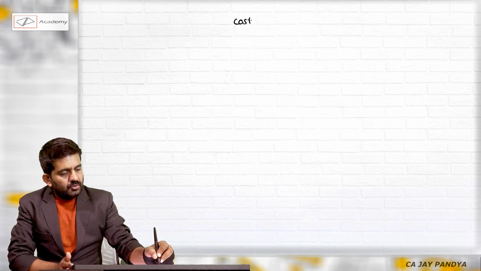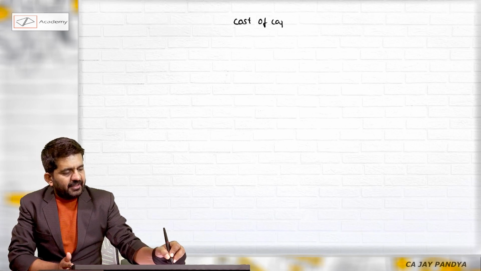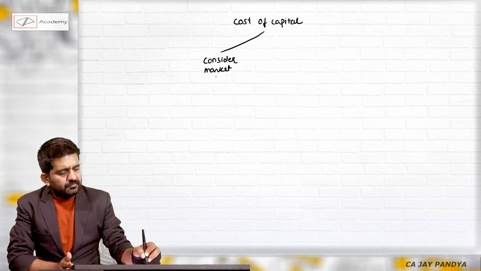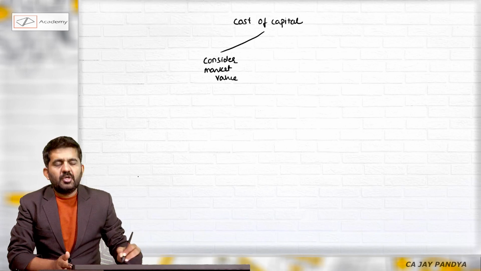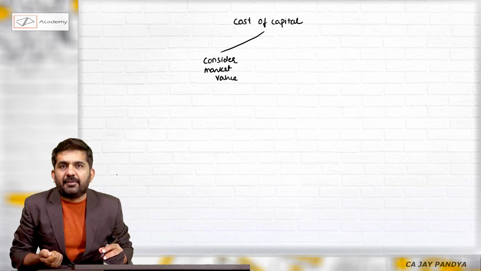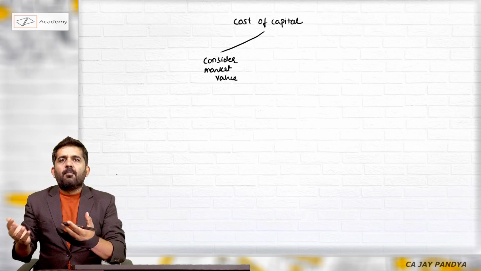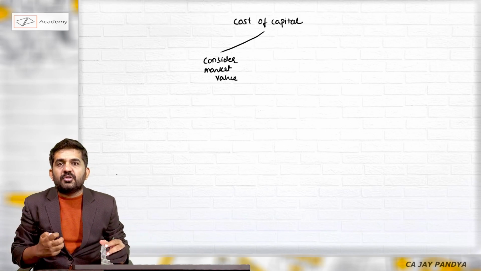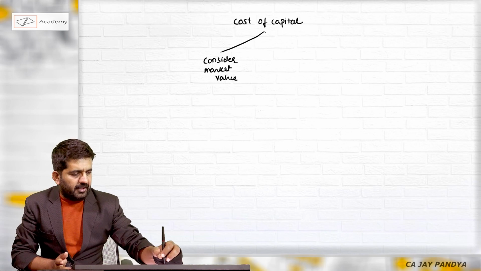Try to concentrate. Whenever we find out cost of capital, we consider market value. If we want to find out a futuristic cost of capital, say we are going to borrow money in the near future, then we find out that futuristic cost of capital.